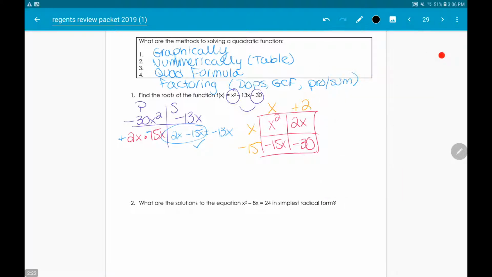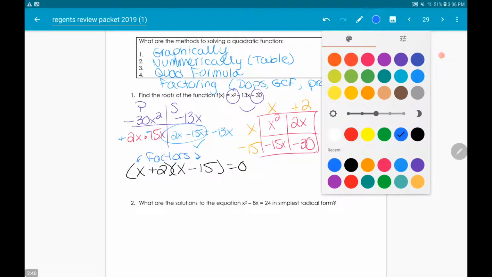Now what's different about this one as opposed to last video is now I take my factors and I set them equal to 0. So these things are my factors. Alright, they are not my solutions.